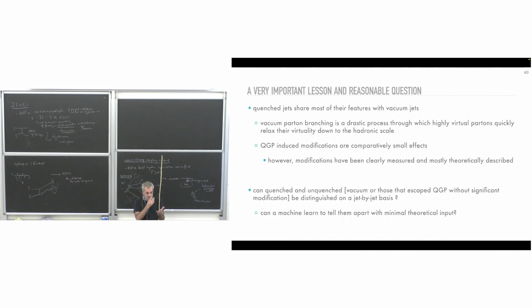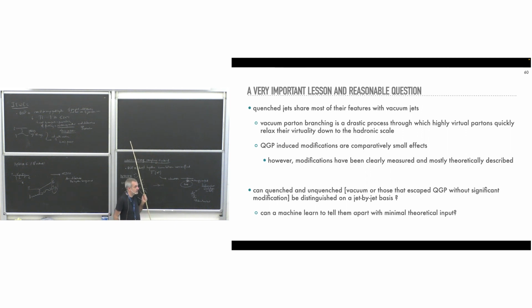It's a dramatic thing that goes from 1 TeV to a few GeV very quickly, to the QGP induced modifications, which are, in comparison, small corrections to that. They are very important. We've been looking at them. We have seen them. We have described them theoretically, but it's an explosion with corrections.